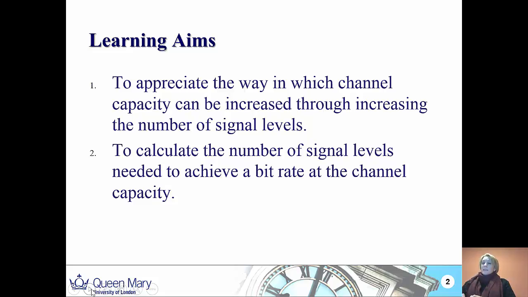But by increasing the number of signal levels, as we've said, we're increasing the effectiveness of the communication. We're communicating more information within the available bandwidth. So we'll be thinking about how we can calculate the signal levels that we need in order to achieve the bit rate at the channel capacity to maximise its use.